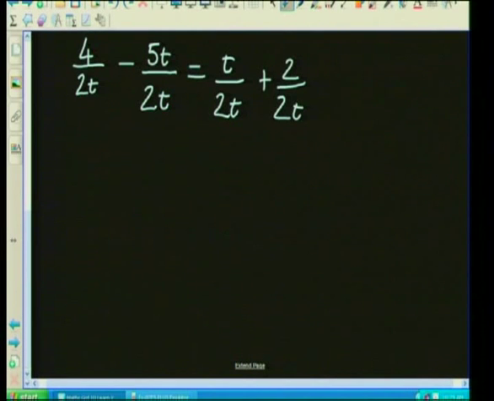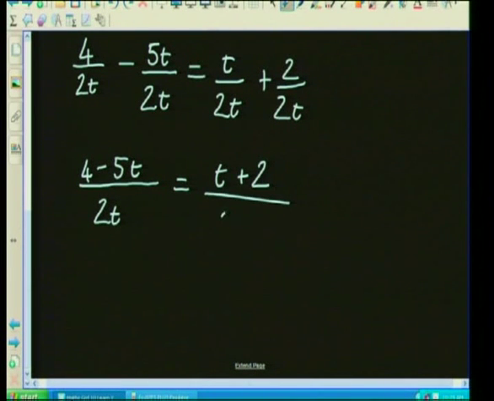Before I try and get rid of any denominators, I'm going to simplify it by putting them all over one denominator on each side. So everything over 2t on the left-hand side becomes 4 minus 5t, and on the right-hand side, t plus 2 over 2t.